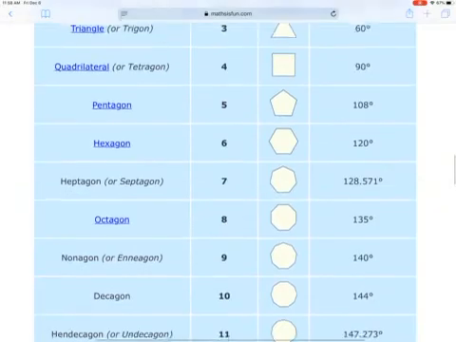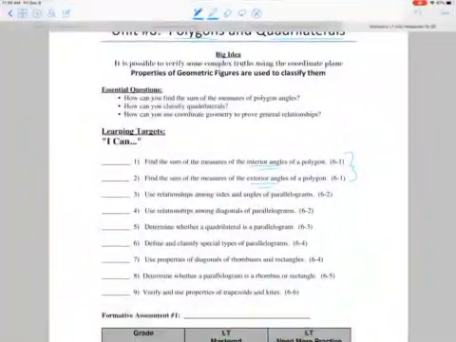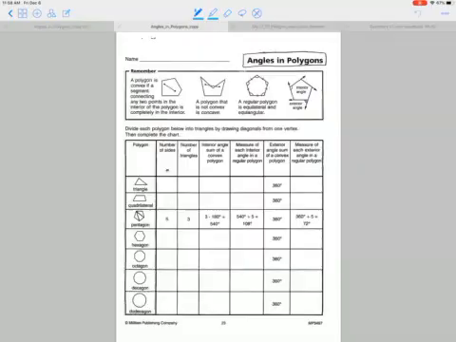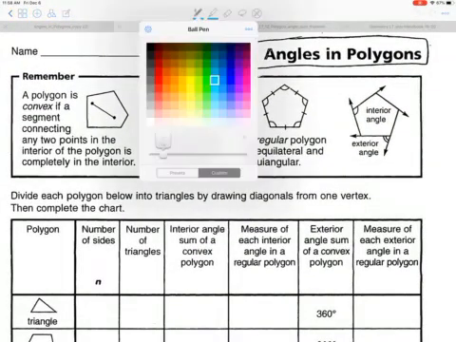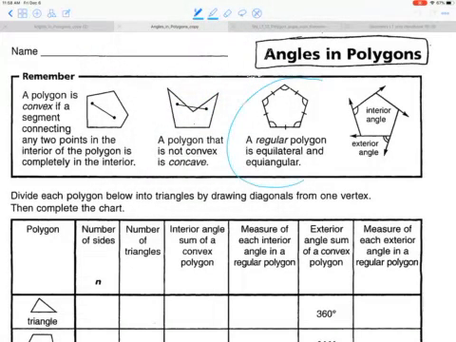So what we're going to do now is go to an investigation page. That investigation page looks like this in your guided notes. Up at the top, the thing that you'll need to know is that a regular polygon has all sides congruent and all angles congruent. The interior angles of a polygon are these inside angles, and the exterior angles are the outside angles.